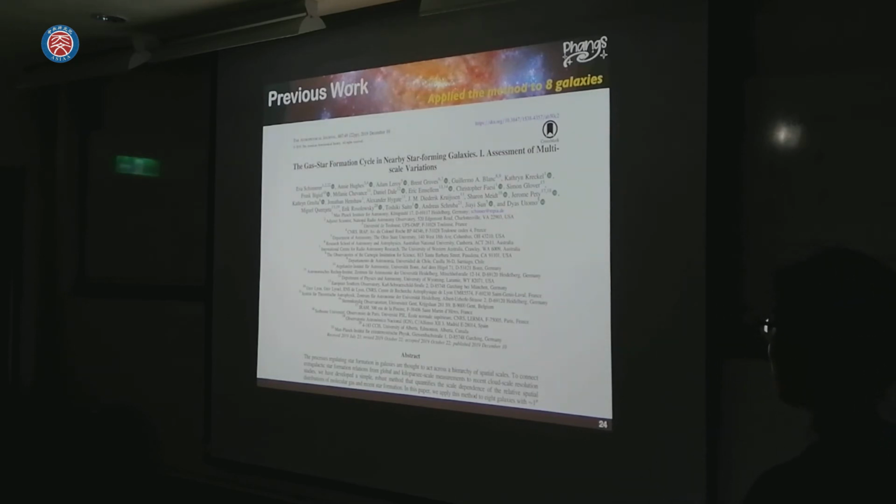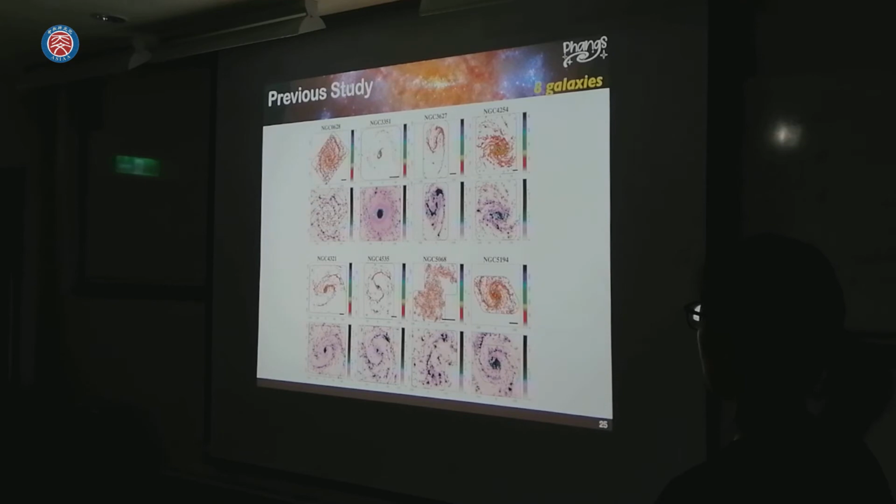And this method has been applied to 8 galaxies by Eva Schinnerer. This is a paper published last year. And this is the 8 galaxies. Most of the galaxies here are very nearby, large, spiral, typical galaxies, except for NGC 1568.